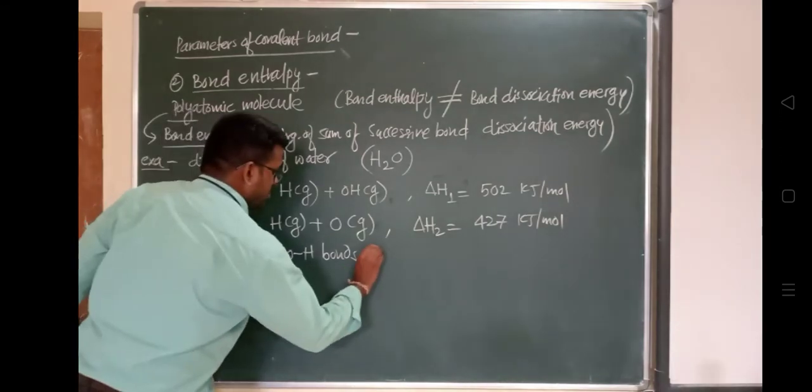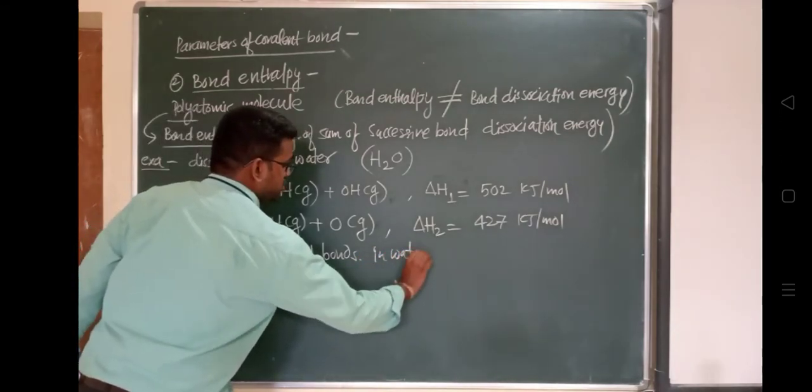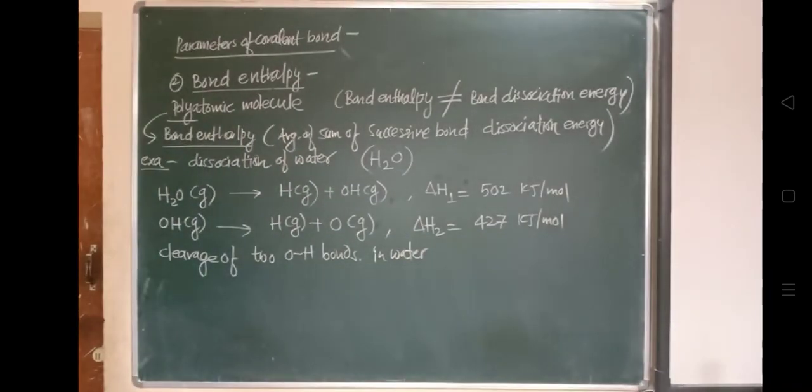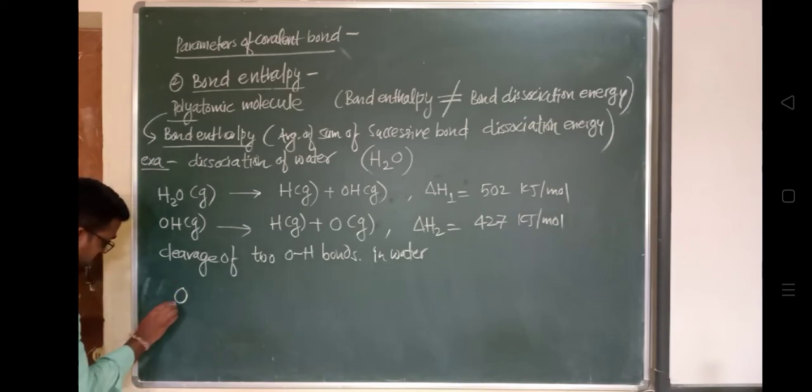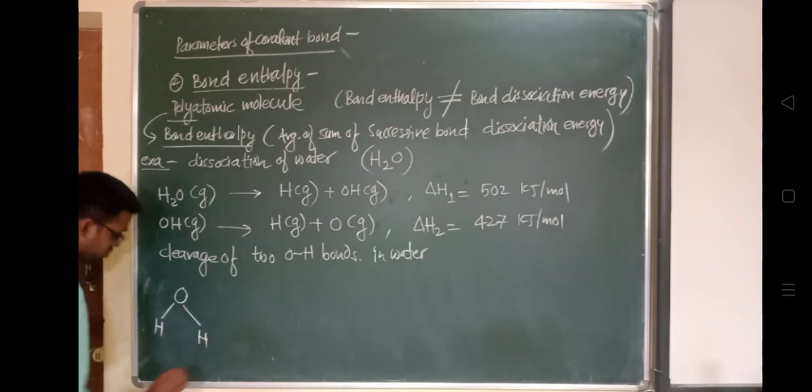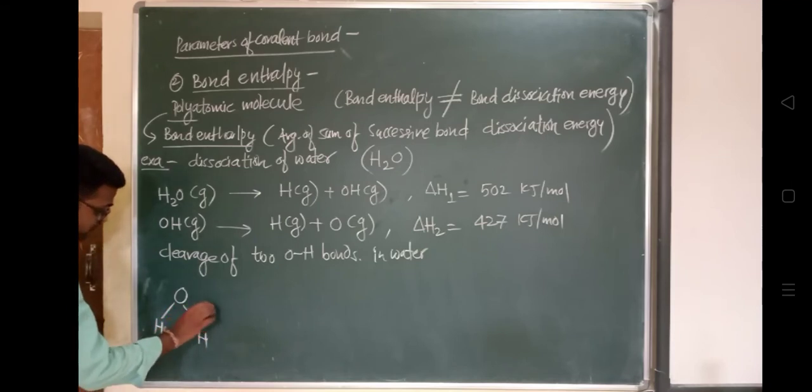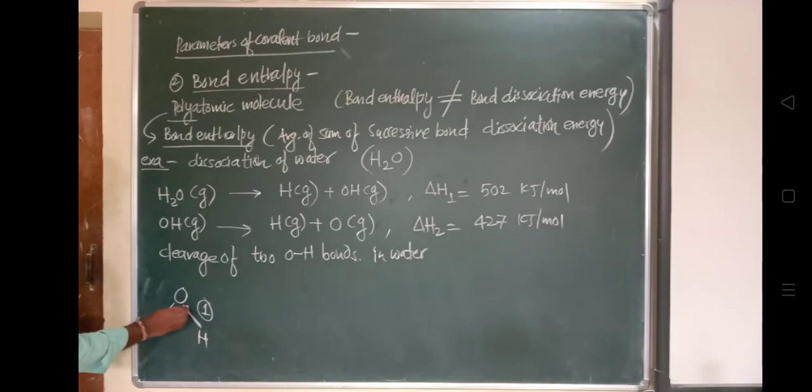So in the first step one OH bond breaks leaving behind this OH radical, and now the electronic environment around this oxygen atom, which has a hydrogen attached, is different from that around oxygen in the H2O molecule, and this causes a change in successive bond dissociation energy.